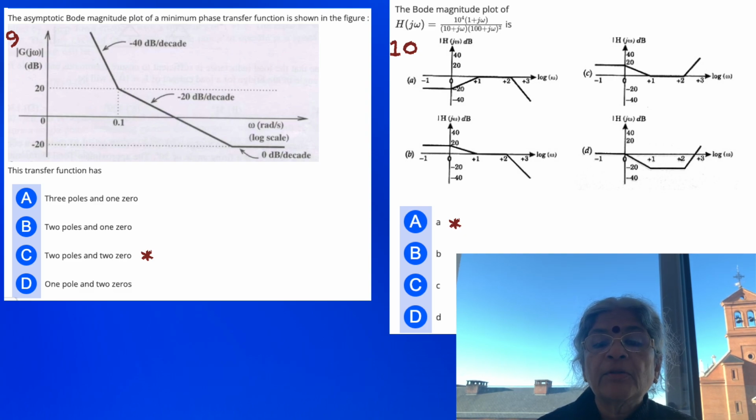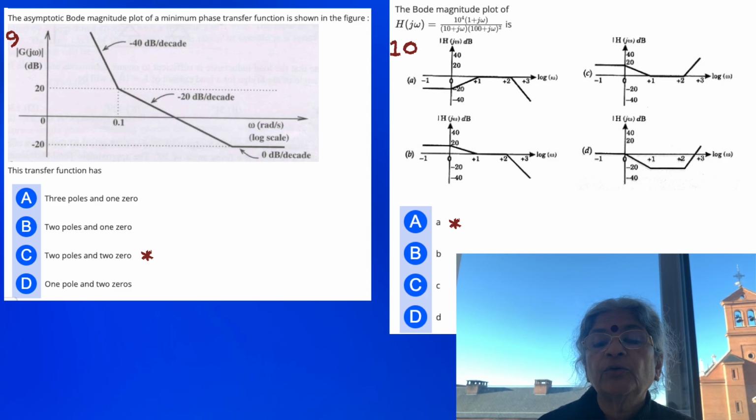Now let's move to the 10th one. H of omega is given as 10 raised to 4 and 1 plus j omega. No, this is not the pattern. This is 1 plus j omega, so it's given in frequency. There is a zero at omega equal to 1. The next is that there are 2 poles.